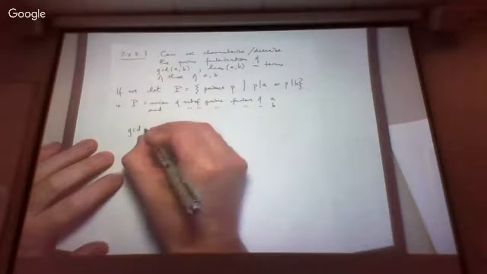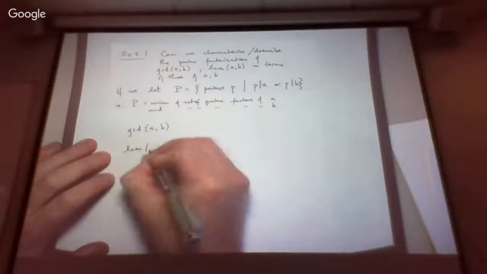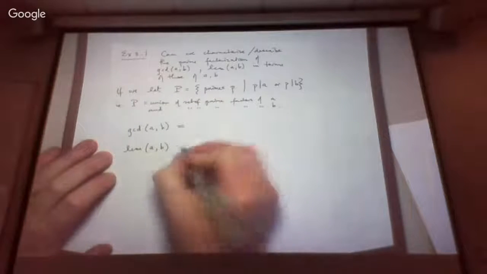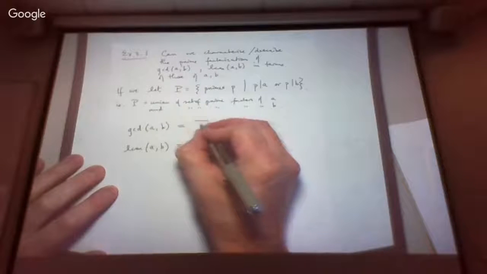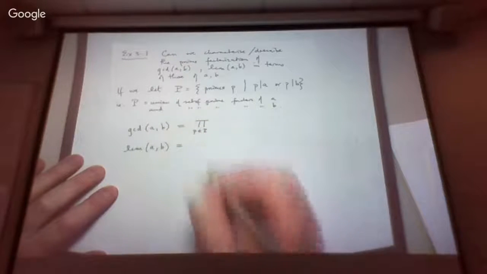So then what I'd like to be able to do is to have nice expressions for the GCD of a and b and the least common multiple of a and b as products over this set, capital P.